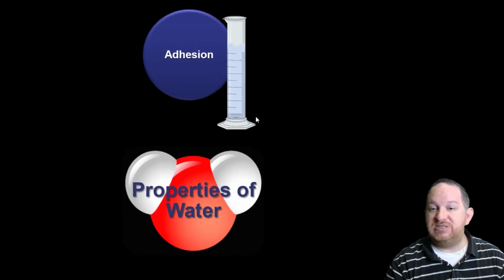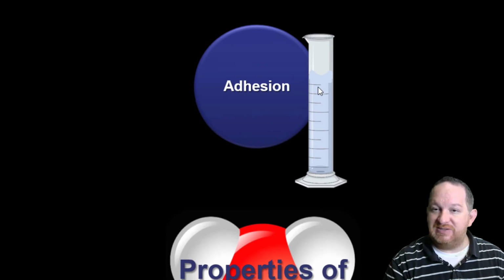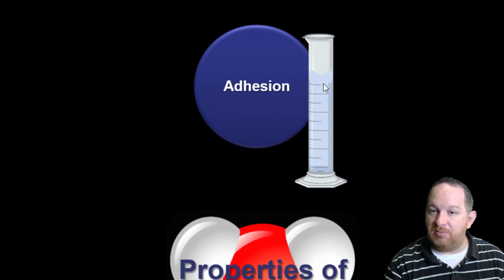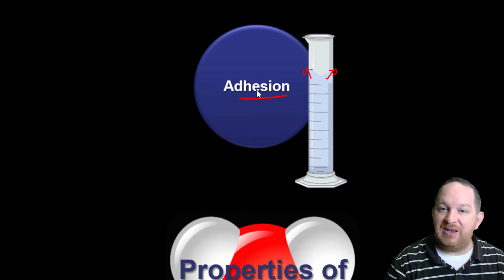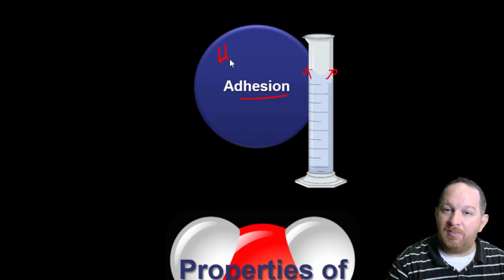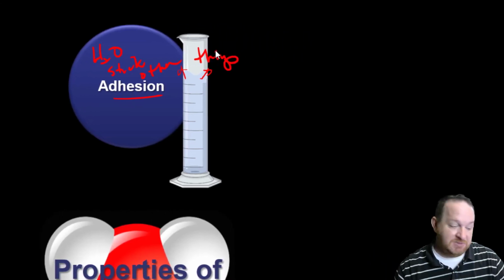Here you can see we got a little graduated cylinder, and as normal, if you remember from your chemistry class, if you look up, the water actually kind of sticks to the side and forms this little meniscus. It kind of goes up there on the side. We call that adhesion. That's when water molecules stick to other things, like in this case, the graduated cylinder.